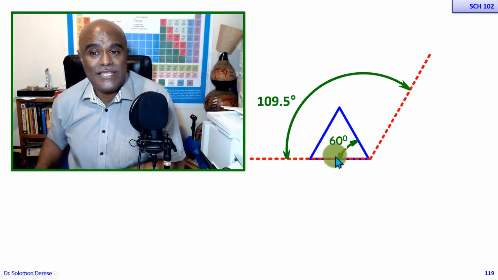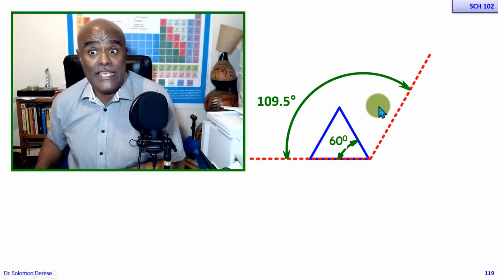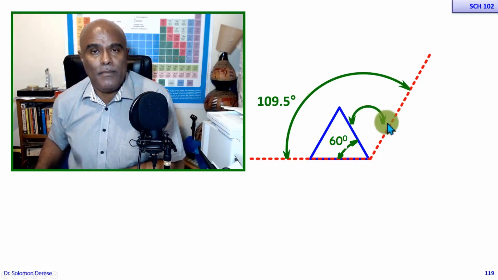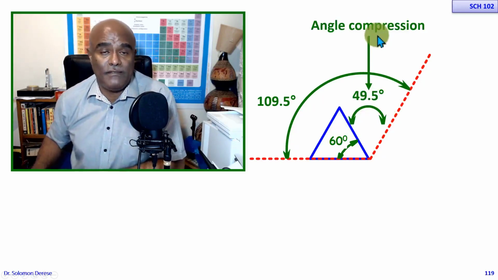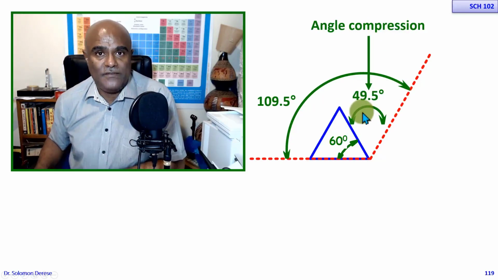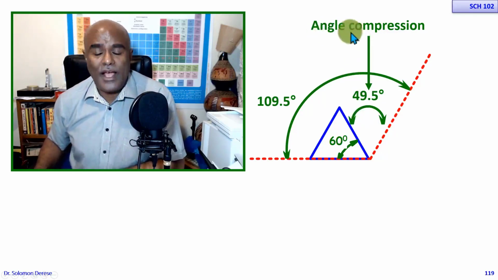As a result, the ideal bond angle of 109.5 degrees is compressed by about 49.5 degrees. The angle is very much compressed. And as we can see, such type of orbital overlap is not effective.